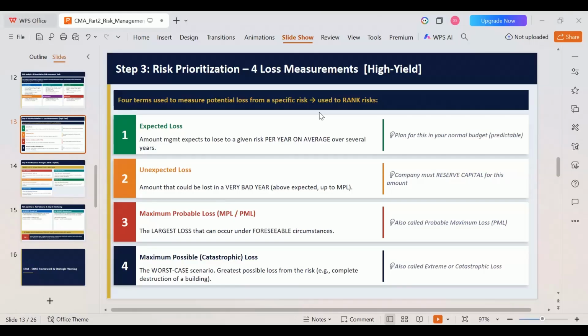Okay, guys. So step 3 is about risk prioritization. Okay. So now risk prioritization. In the first step, we identified the risks. And in the second step, we focused on how do we assess the risks, both qualitative and quantitative. Got it? So then in step 3, we focus on risk prioritization.